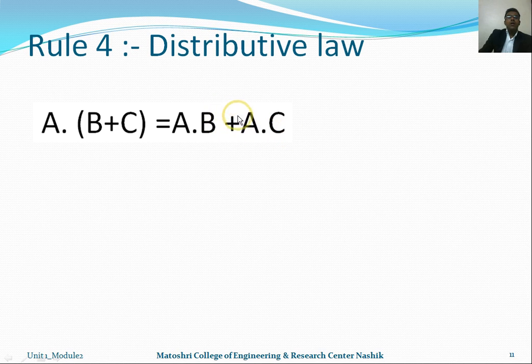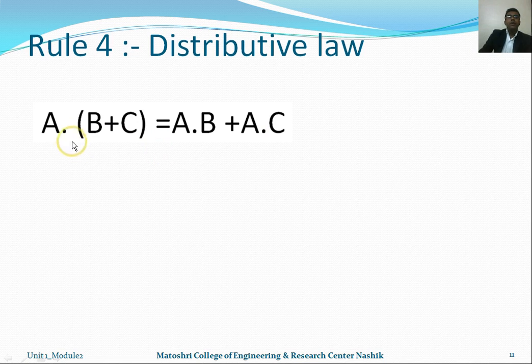These ORing operations are performed like our mathematical terms. If any term is outside the brackets, we multiply it with each and every term inside the bracket.